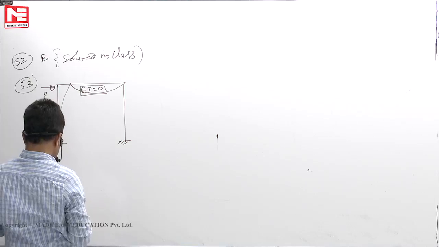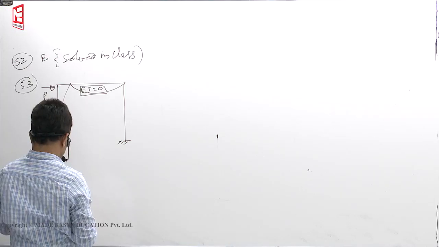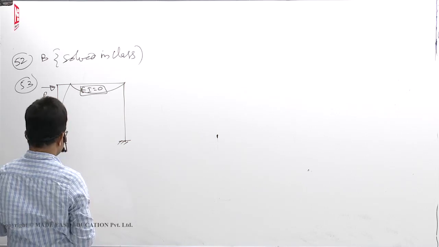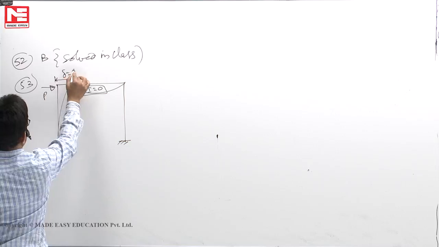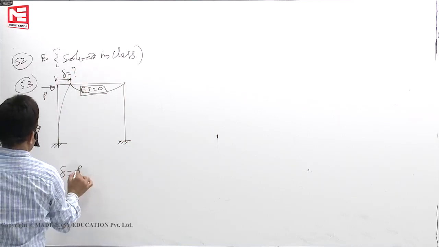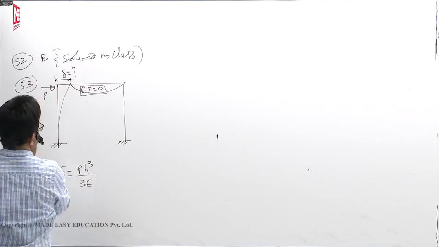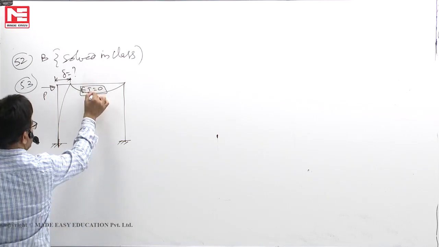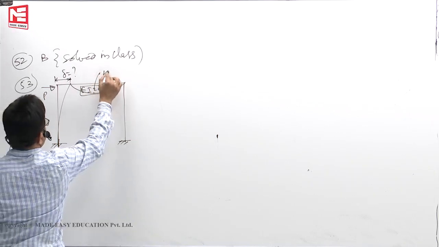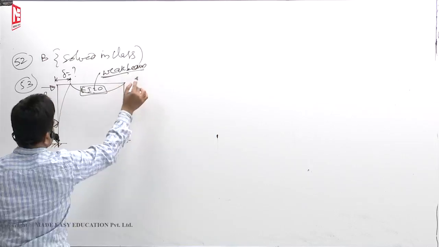Then the horizontal displacement of beam BC would be, it will go like this only. This is delta he is asking. So PH cube by 3EI. EI 0 means it cannot take moment. It is a weak beam, not a cable.